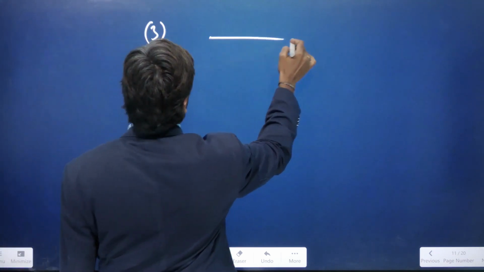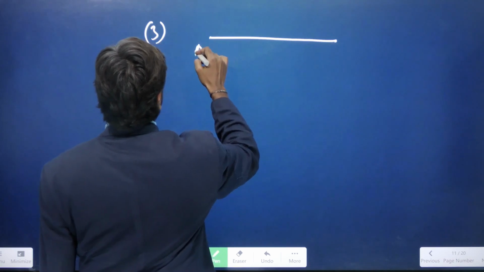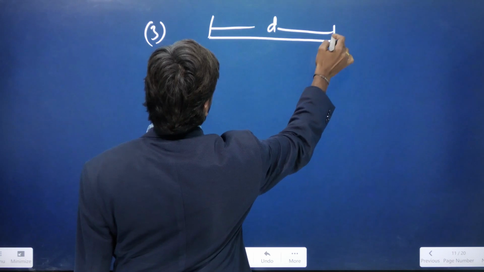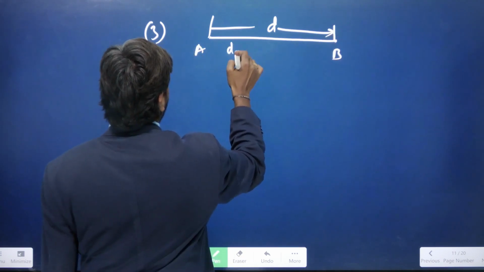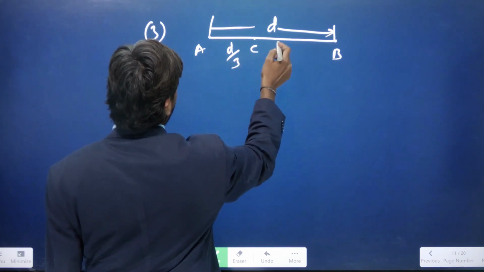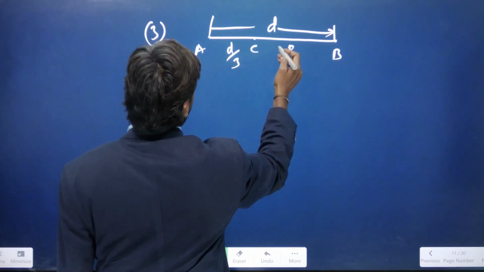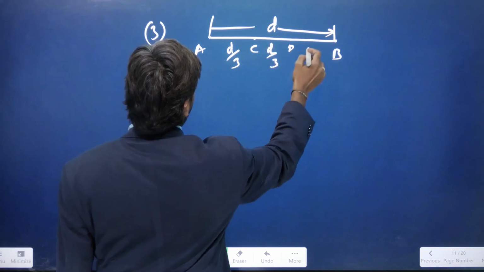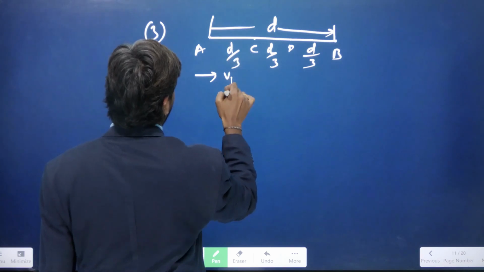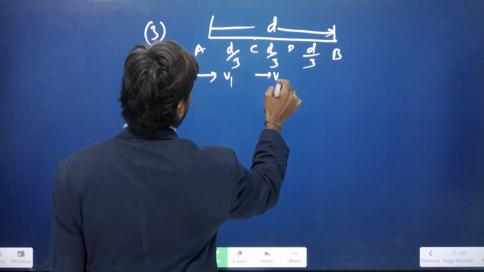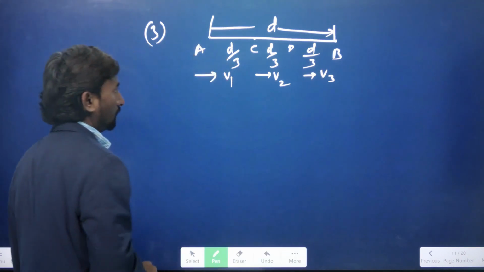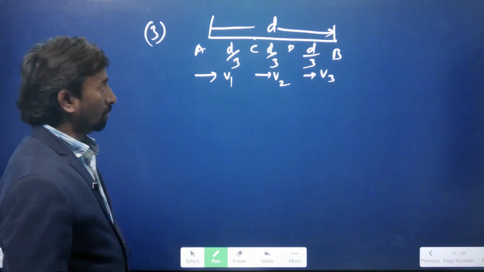If a body covers a certain total distance between A and B, and in this total distance it covers 1/3 of the distance, D by 3, from A to C, and the remaining distances are D by 3 each. First D by 3 is with speed V1, next D by 3 is with speed V2, and last D by 3 is with speed V3. Then what is the average speed between A and B?